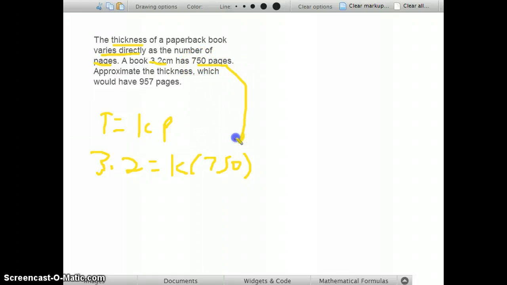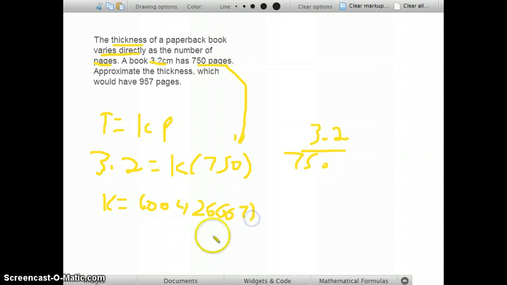And then I find that k equals 3.2 divided by 750, which gives k equals 0.0042667.